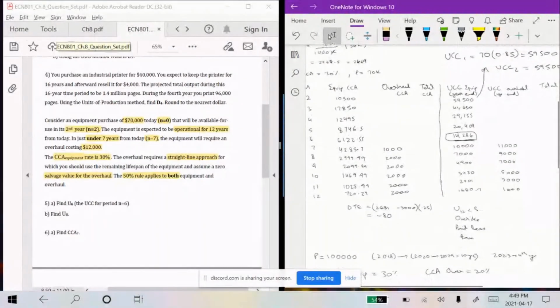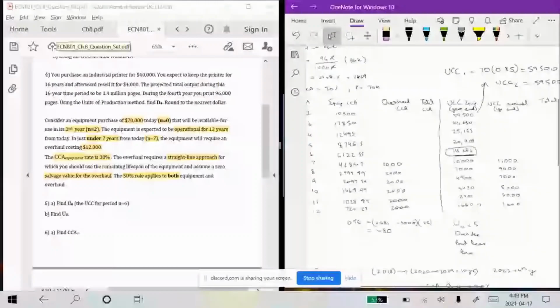This is 6th period. 70 into 0.85 into 0.7 raised to the power 6. So yeah, you keep multiplying this by 0.7 and then you get this 14,286 of the 6th period.